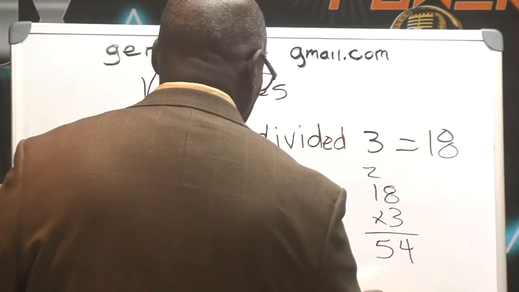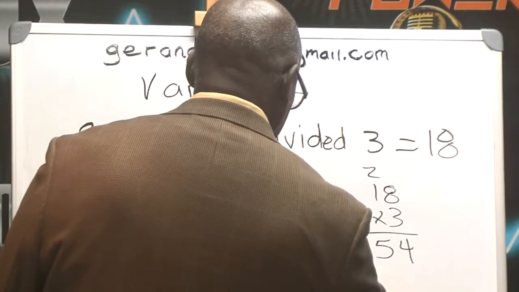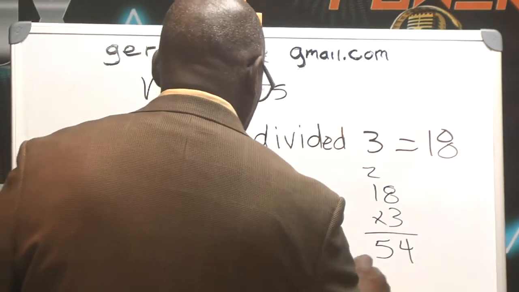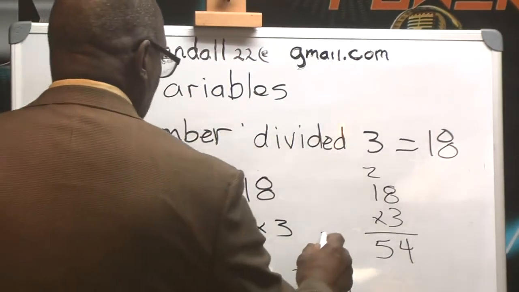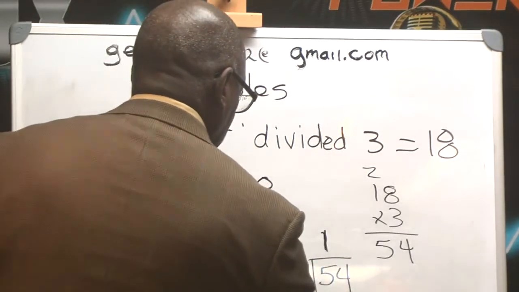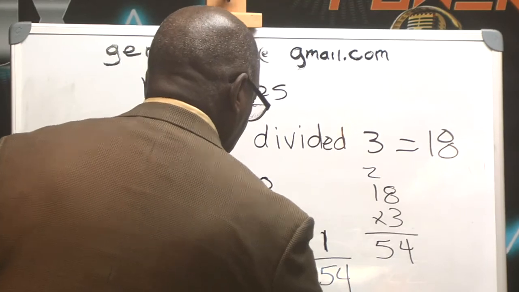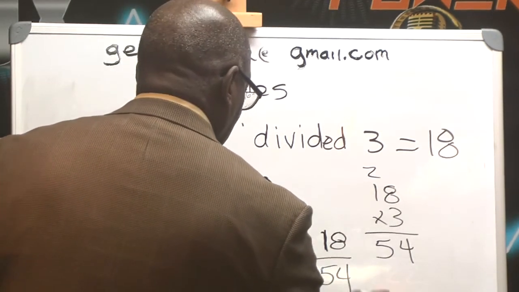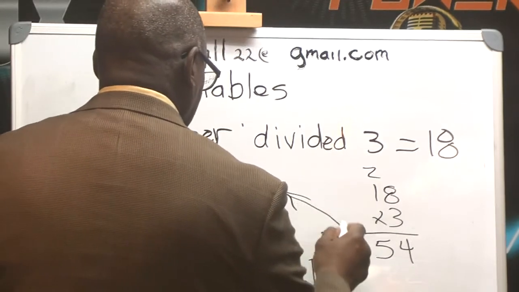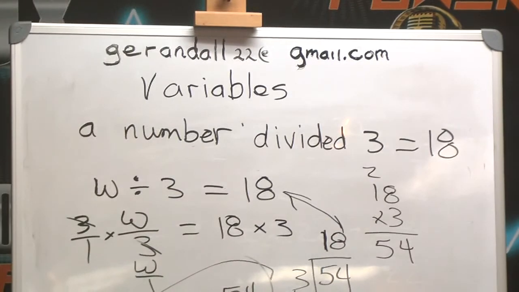How do we check it? We put 54 in the house, and we divide by 3. 3 goes into 5 once. 3 goes into 24 8 times. And look at that. So in this case, w equals 54.